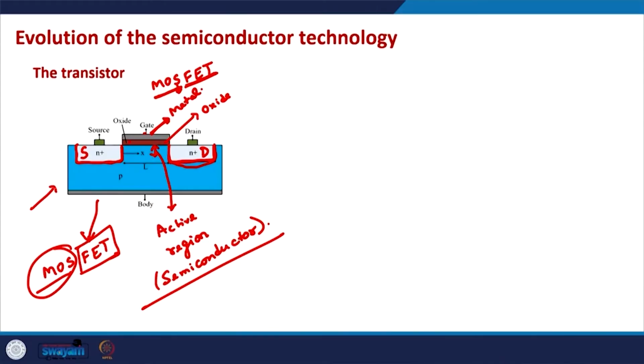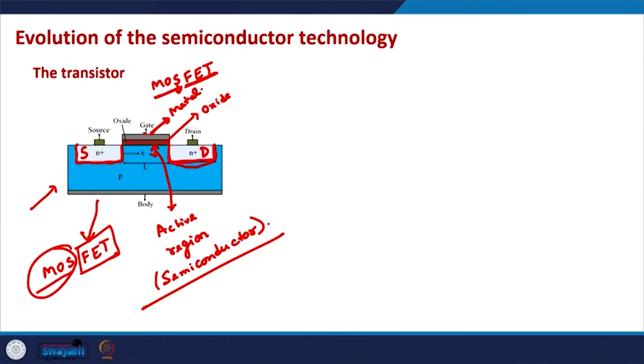That is why this device is known as the MOSFET. So this is the modern transistor. Nowadays the transistor is slightly modified, but the functionality of modern transistors is quite similar to this MOSFET.